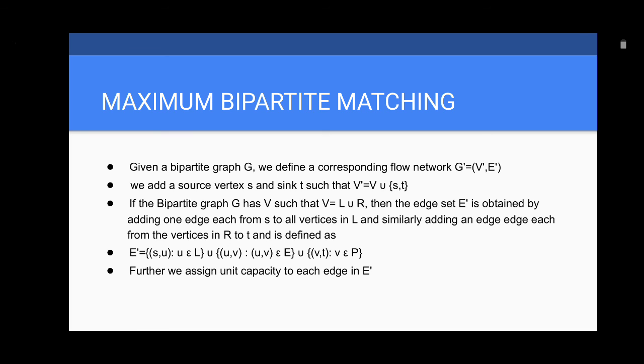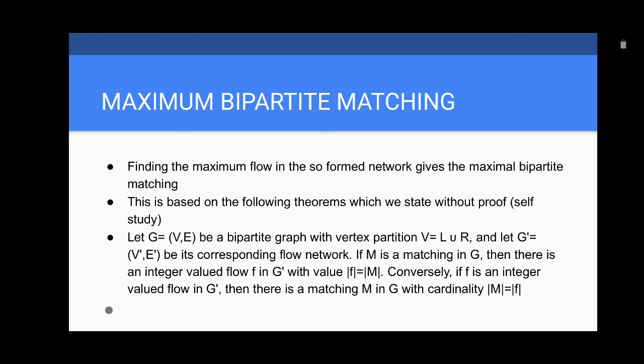If the bipartite graph G has vertex set V such that V = L union R, then the edge set E' is obtained by adding one edge each from S to all the vertices in L, and similarly adding an edge each from the vertices in R to T, and is defined as E' = {(S, u) for all u belonging to L} union {(u, v) for all (u, v) belonging to E} union {(v, T) for all v belonging to R}. Further, we assign unit capacity to each edge in E'. Finding the maximum flow in the network so formed gives the maximal bipartite matching.